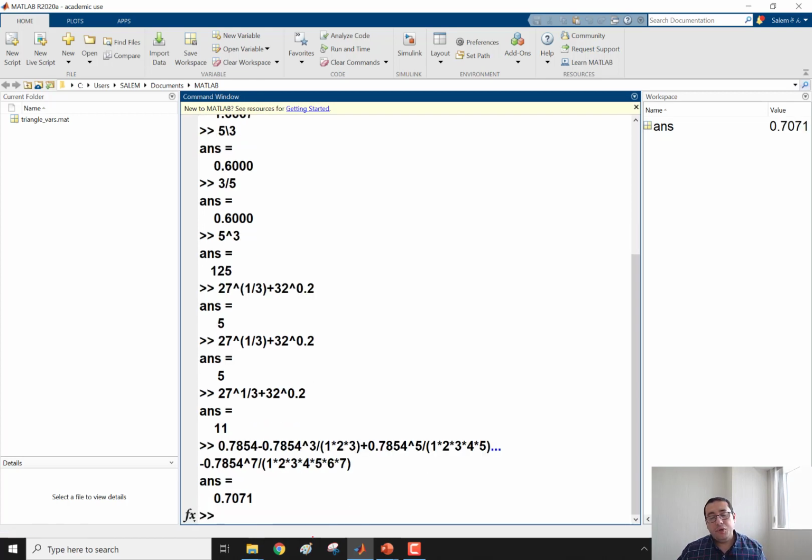If we press enter, we will have the answer, which is 0.7071. So now we understand how to use the parentheses, which should be executed before which, and if we have a long line, how to deal with that.